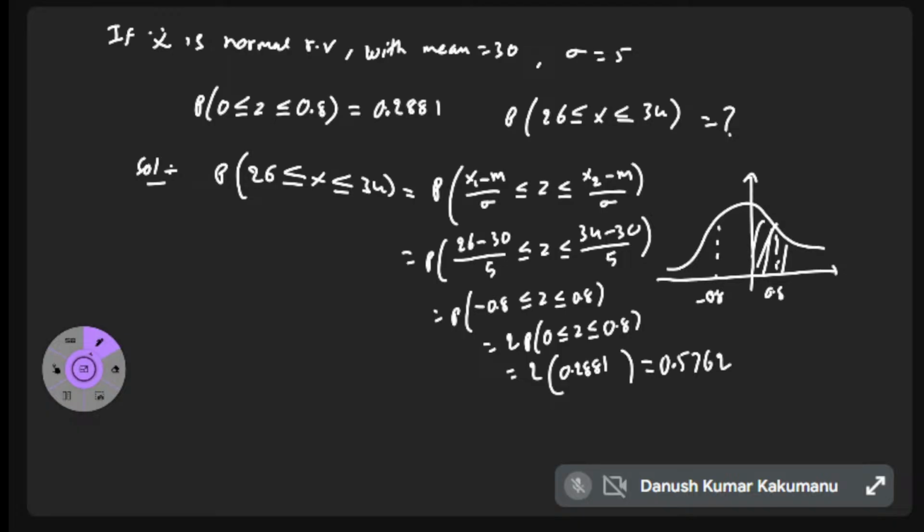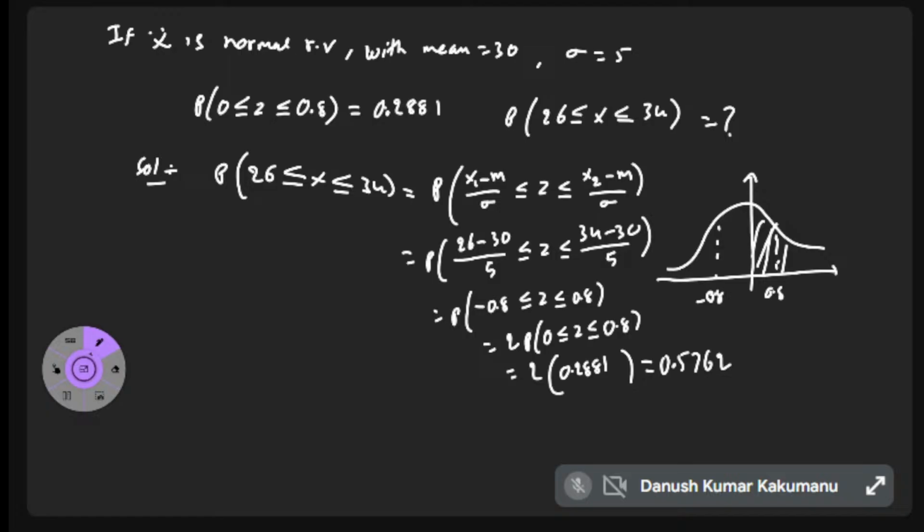The X variables we are converting into Z. Minus 0.8 to plus 0.8 is twice of this because of symmetry. Okay, let us move to the next question. Completed? So you will get the idea now, you have to convert x in terms of z.